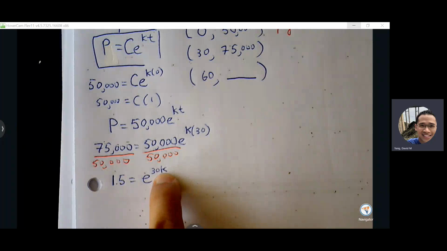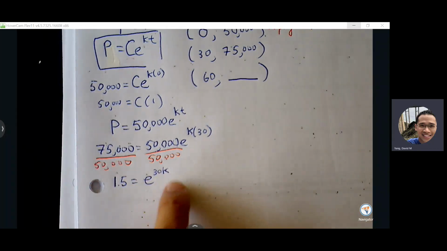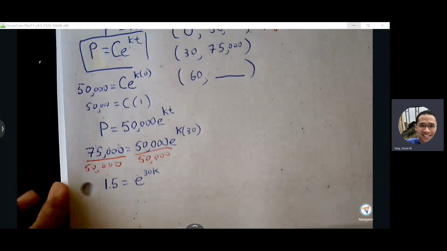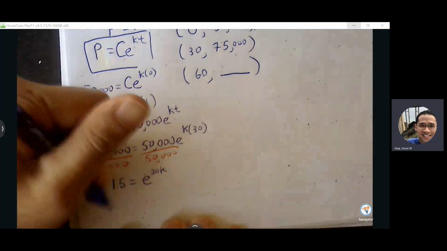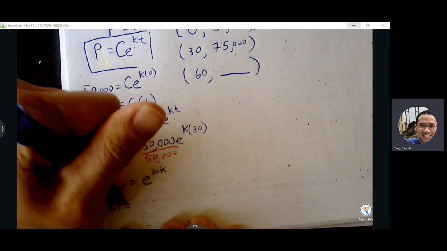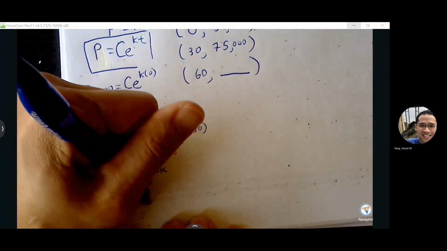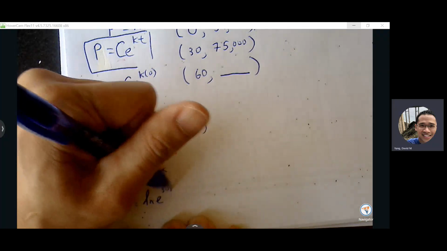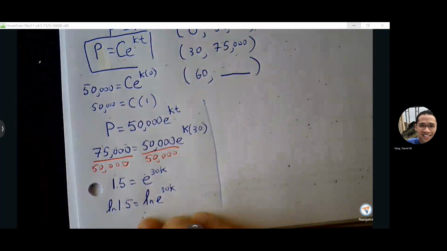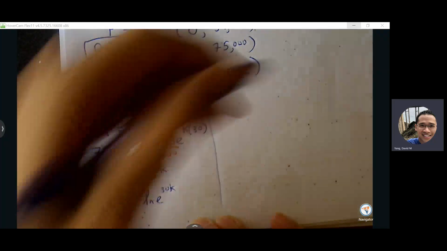All right, I want to solve for K, but K is sitting up in the exponent. Is there something that's available for me to allow me to get that K down? What can I introduce into the equation? Natural log, right? So natural log allows exponents to be more easily moved. Right, the 30K can drop down.